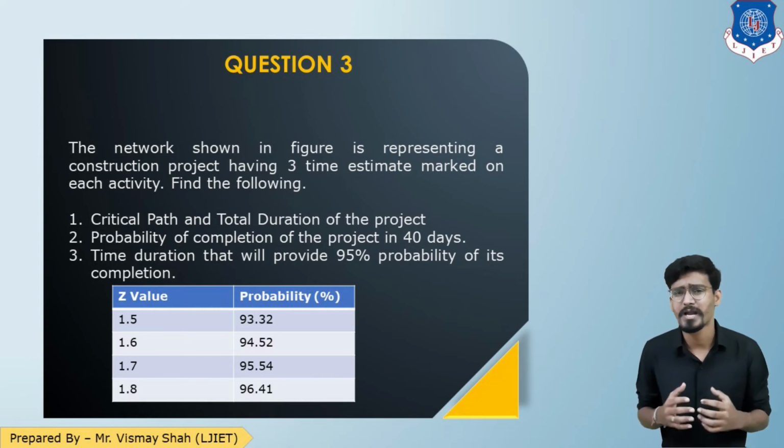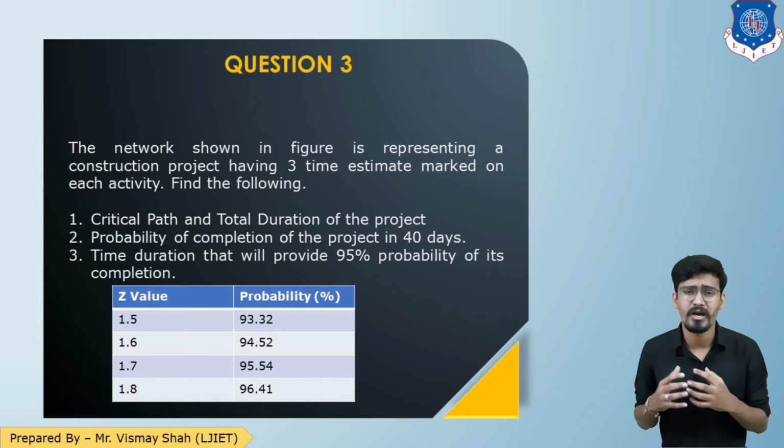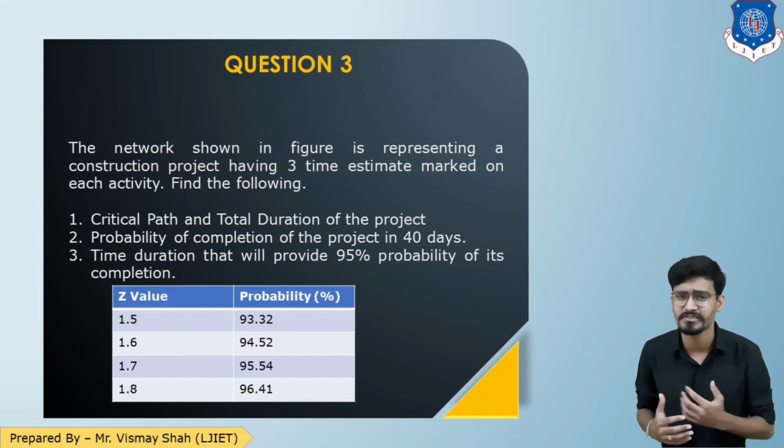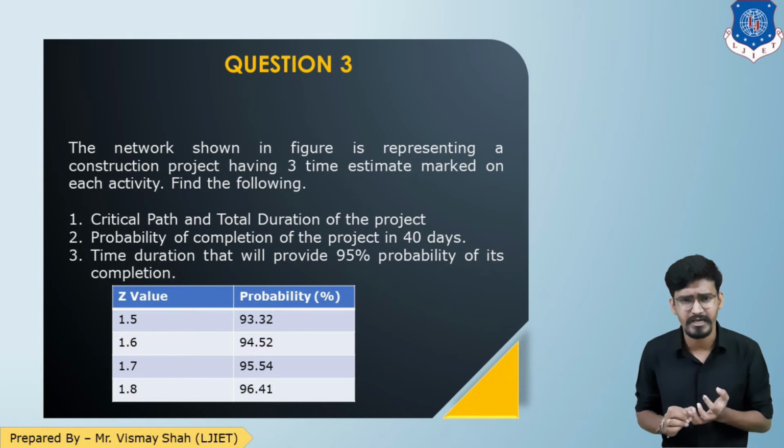So here, students, for the network which we are going to see just now, we need to find 3 things: total duration and critical path; second, the probability of completing the project in 40 days; and the time of the project if the probability is 95%.